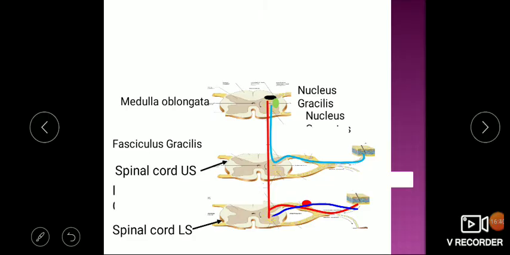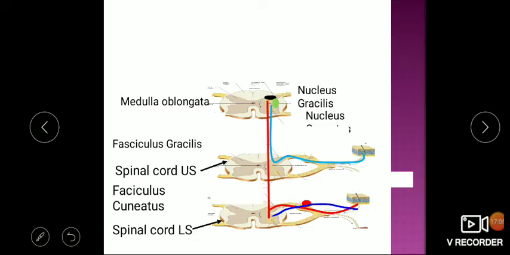So this tract is called the fasciculus cuneatus. So these two tracts are there, fasciculus gracilis and fasciculus cuneatus. They were discovered by the scientists Goll and Burdach, so they are also called the tract of Goll and tract of Burdach. In both of these, the first order neuron is going up to the medulla oblongata uncrossed, without any decussation.